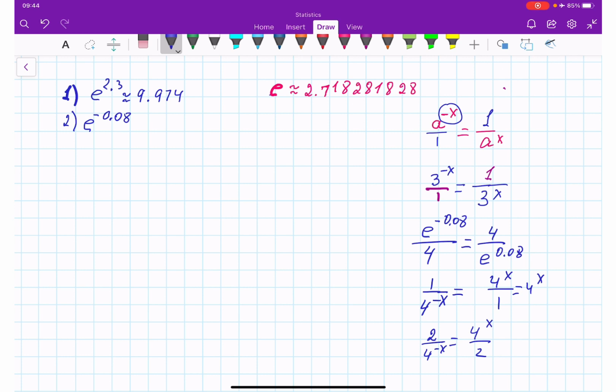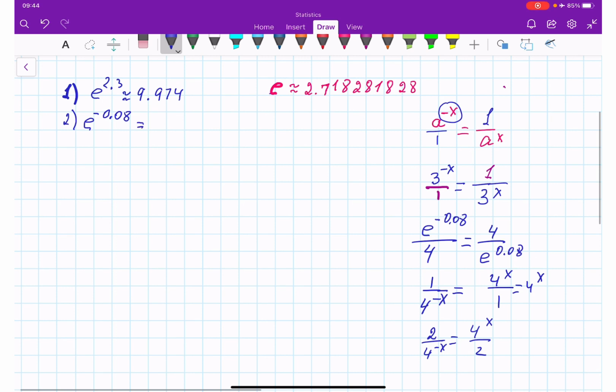In this case, we are going to have 1 over e to power positive 0.08. Let me see how much it will be, because you don't expect me to know this by heart, right? So clicking the E button and then the X to power Y button, and then the degree 0.08.